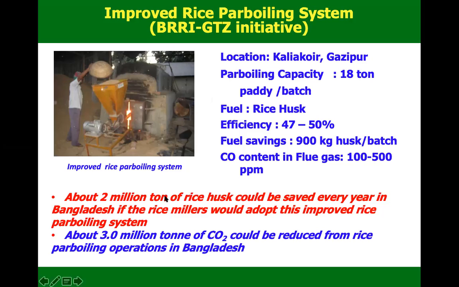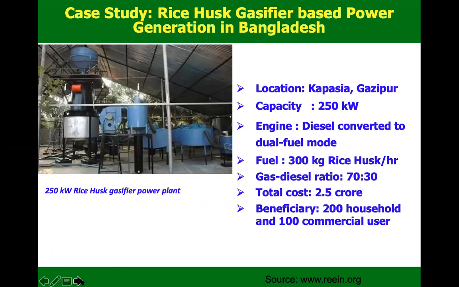In that system, you can save energy, as well as minimize the release of carbon monoxide, because carbon monoxide is very toxic. About 3 million tons of carbon dioxide could be reduced from rice parboiling operations in Bangladesh if this improved rice parboiling system is introduced all over the country. And carbon dioxide is one of the greenhouse gases.